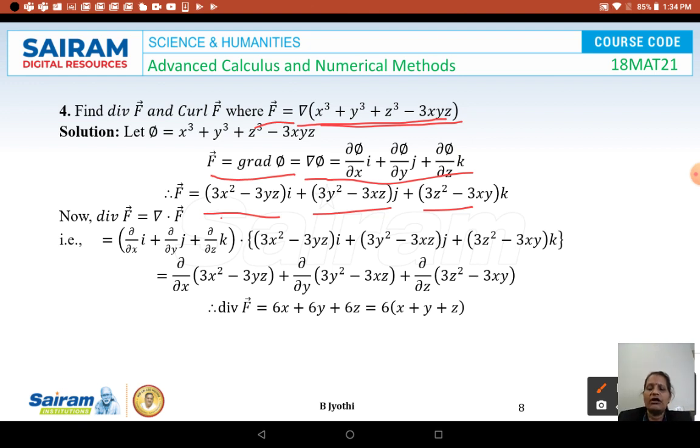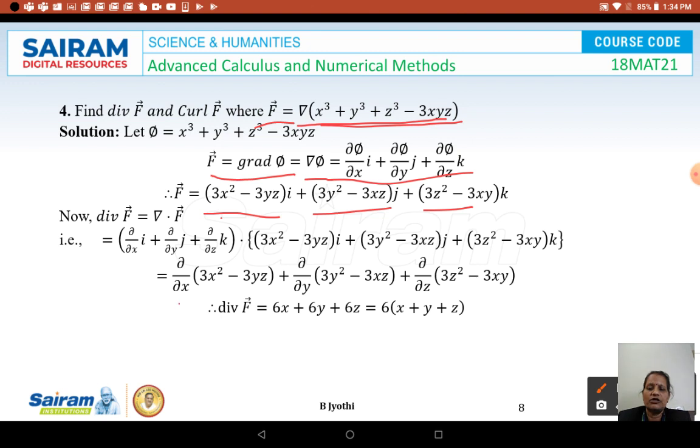Therefore div f is equal to del dot f. Let us take the dot product of del and f. So dou by dou x i plus dou by dou y j plus dou by dou z k is dotted with f, that is (3x squared minus 3yz) i plus (3y squared minus 3xz) j plus (3z squared minus 3xy) k.